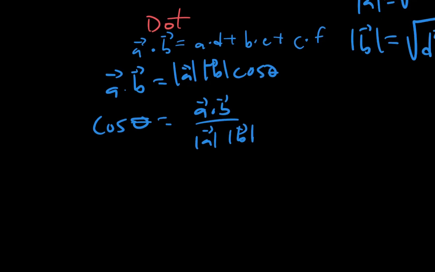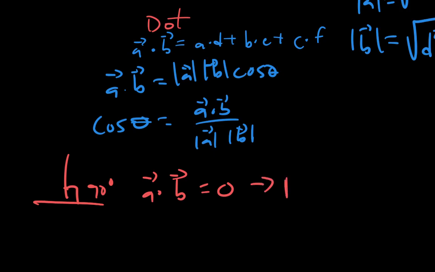So we have this condition, the cosine of A dot B over the magnitudes. If they're orthogonal or perpendicular to each other, that means they have 90 degrees in between. And if A dot B is equal to 0, then they are perpendicular or orthogonal.